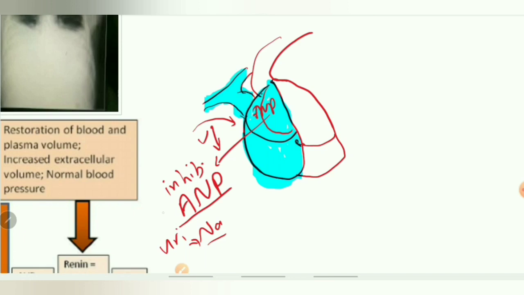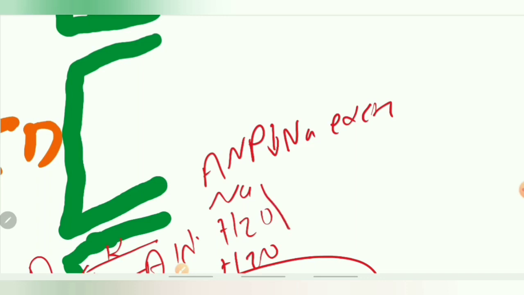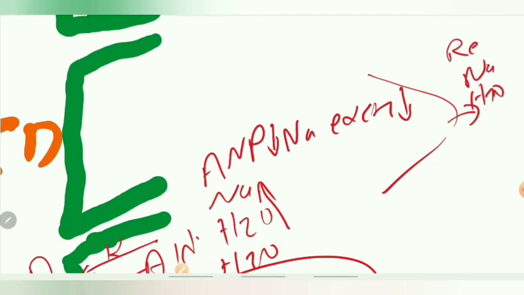So with decreased atrial natriuretic peptide, there is decreased excretion of sodium. We have here retention and decreased excretion, so the net result is sodium and water retention.